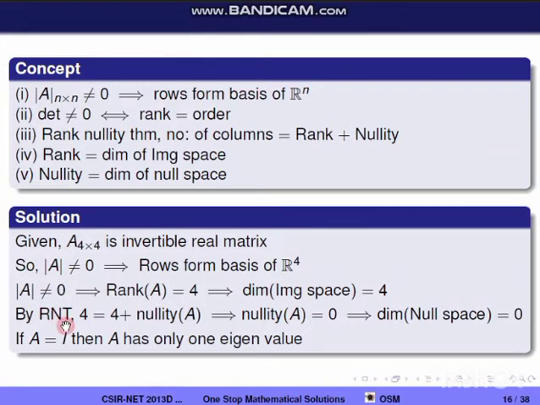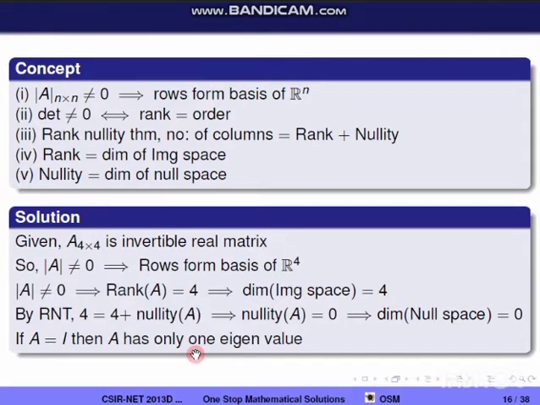By the rank nullity theorem, number of columns equals rank plus nullity. Therefore, 4 is equal to 4 plus nullity of A. That is, nullity of A is equal to 0. That is, dimension of null space is equal to 0. That is, the null space only contains the identity element 0. So, if we take A is equal to I, the identity matrix, then A has only one eigenvalue, that is 1.